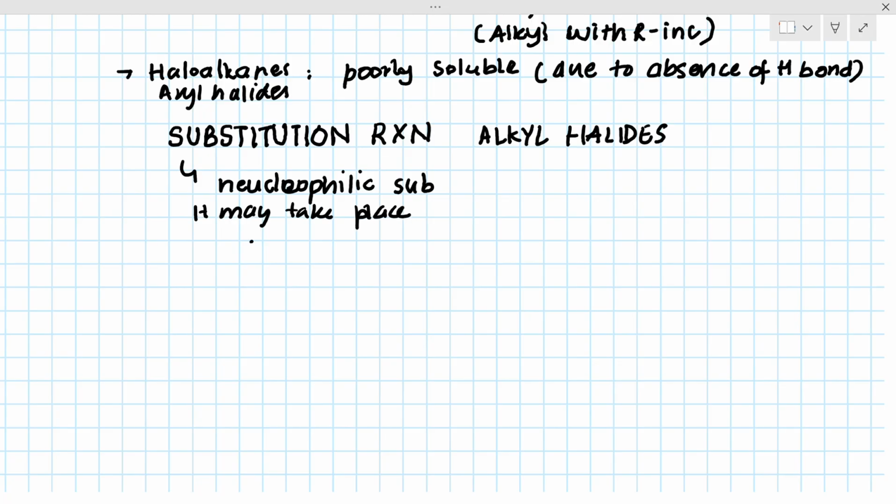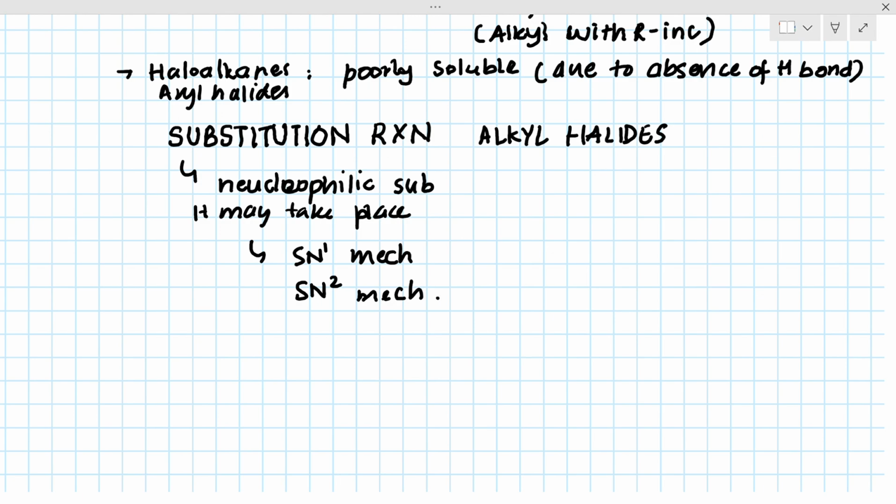It may take place in two mechanisms: SN1 mechanism or SN2 mechanism.